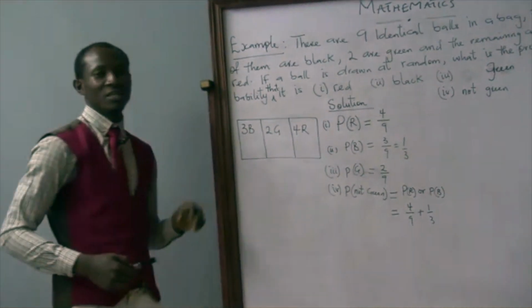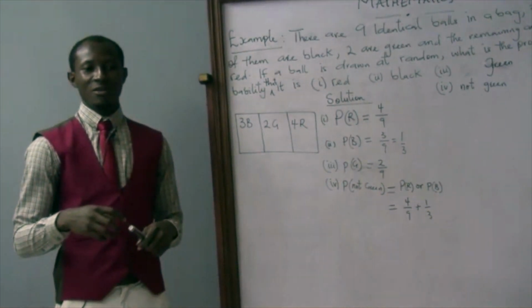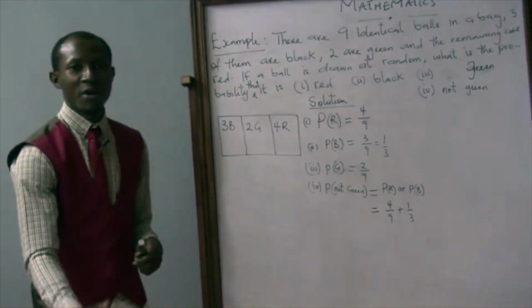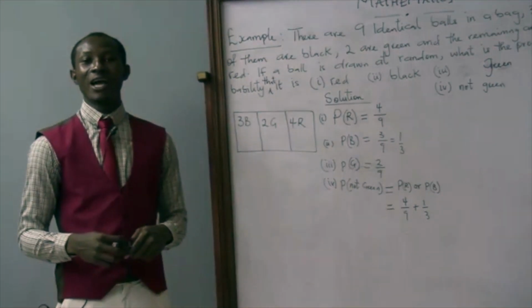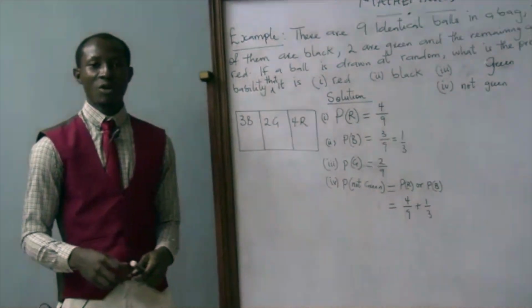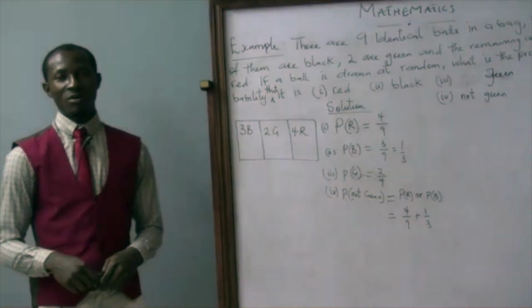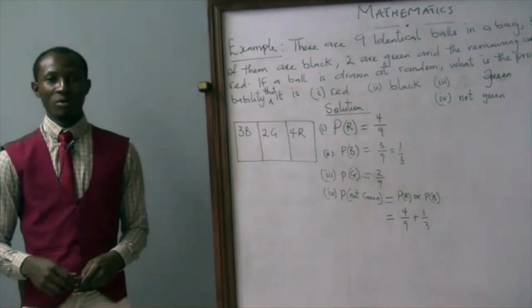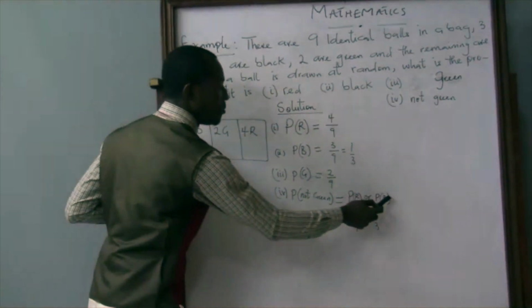So what kind of event is this? From the explanation earlier, the events of picking a red ball, a green ball or a black ball are mutually exclusive, because if I picked a red, I can't pick a black ball, and if I have picked a black ball, I can't also pick a red ball. So it's either a red ball or a black ball.